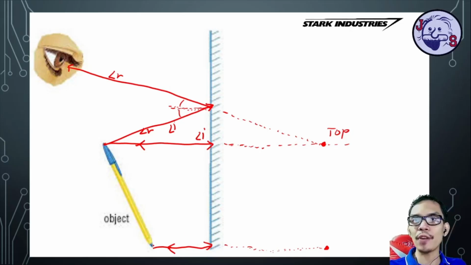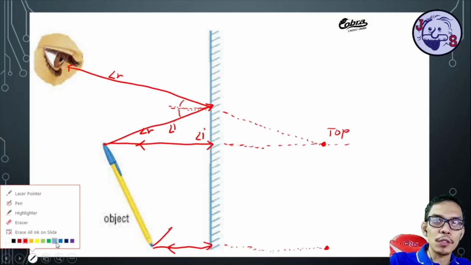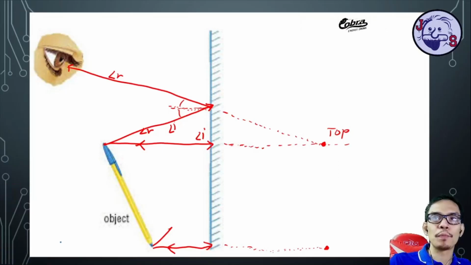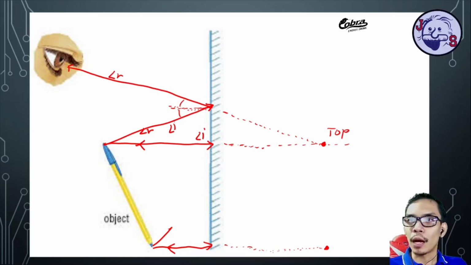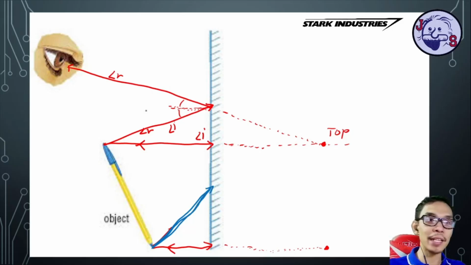We can have it diagonally. I will use another color for this one, so I can use blue. Let's put an incident ray diagonally over here. I will just make sure that it will go to the eyes.